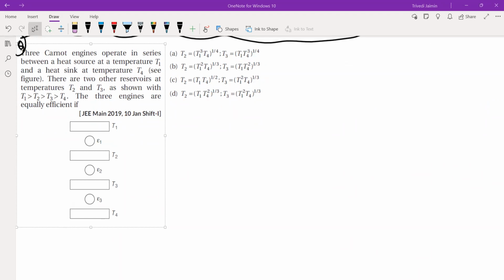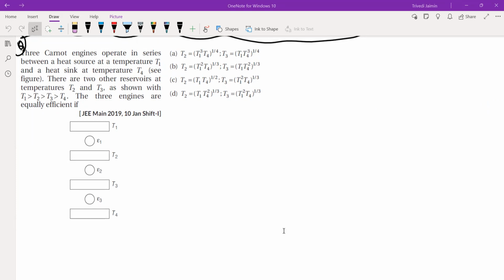Three Carnot engines operate in series between a heat source at temperature T1 and a sink at temperature T4. See the figure. There are two other reservoirs at temperatures T2 and T3, with T1 more than T2 more than T3.